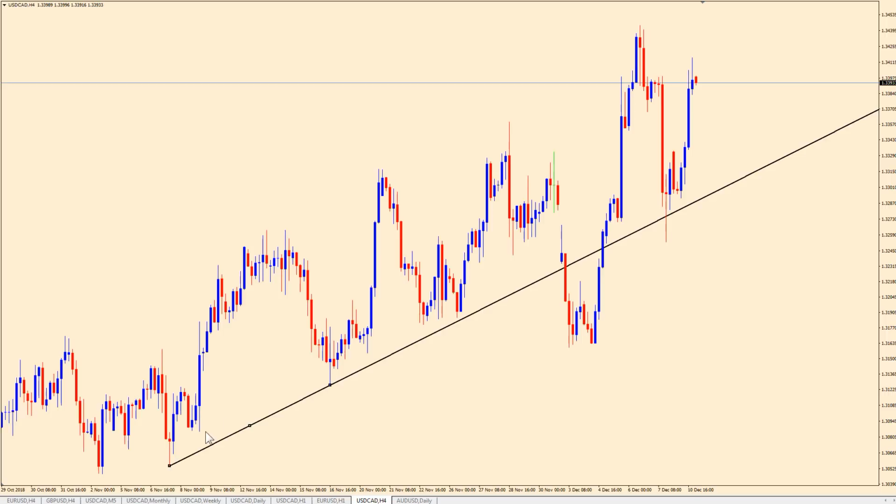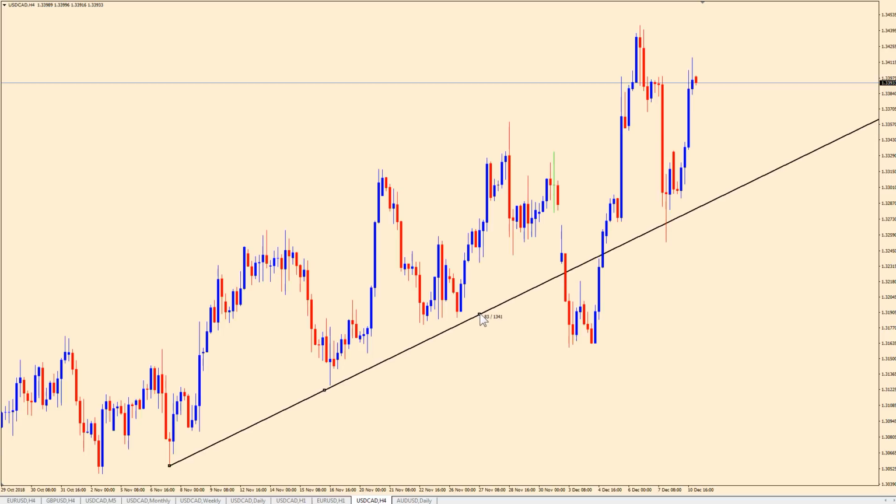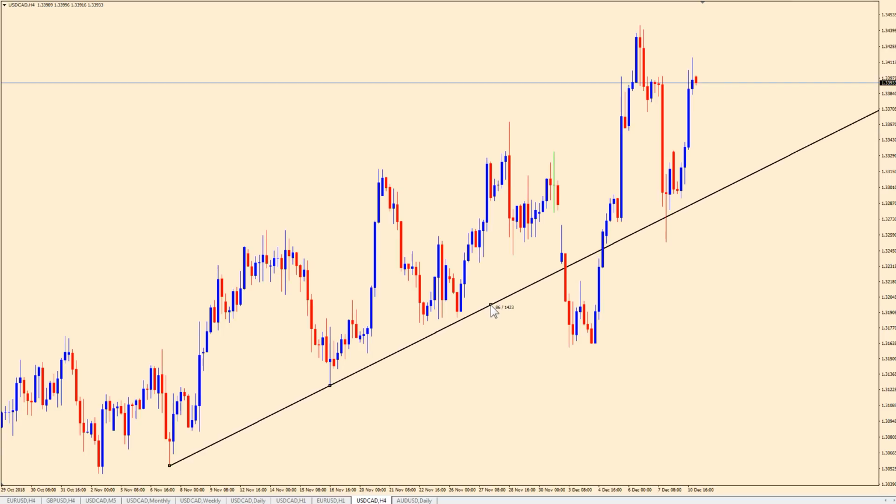So what we're going to do, we measure this, we see that we have 43 candles between these 2 points. So we're going to double that. 2 times 43, of course, is 86. So we're going to measure it to 86 right here. We're going to make sure our trend line is still on the same angle, or pitch, I guess you could say.